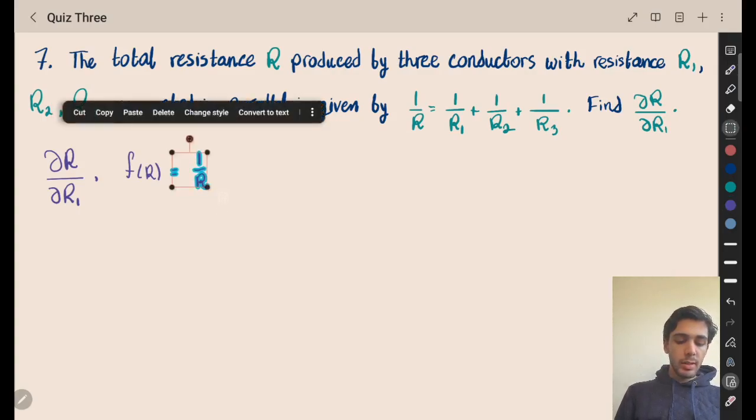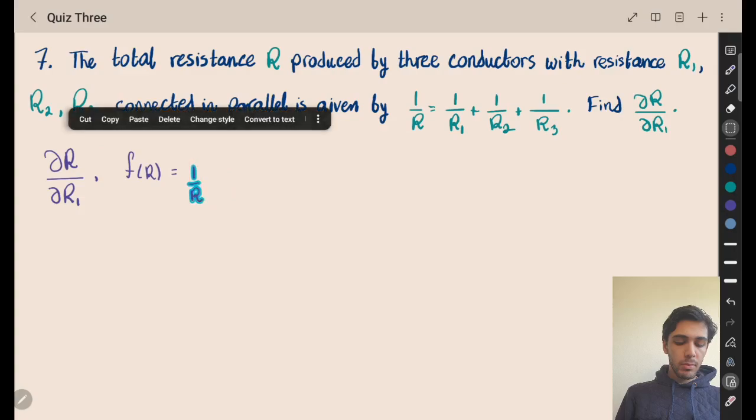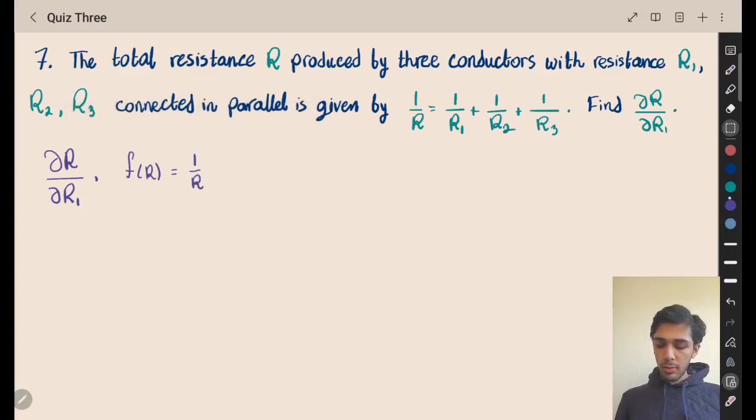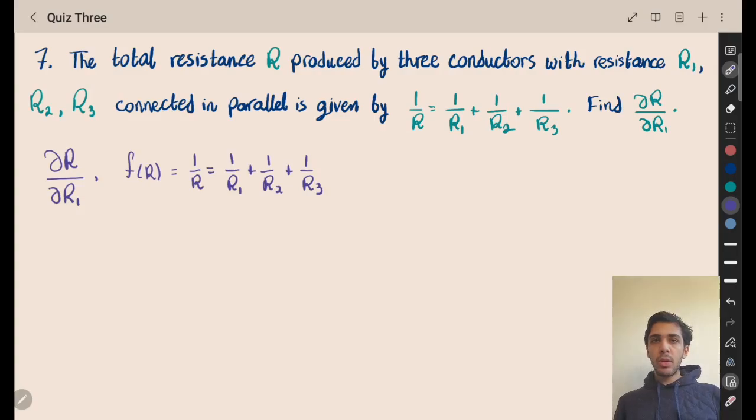But notice that at the same time, 1 over r is equal to 1 over r1 plus 1 over r2 plus 1 over r3. Which means that in a sense, f of r is equal to f of r1, r2, r3.